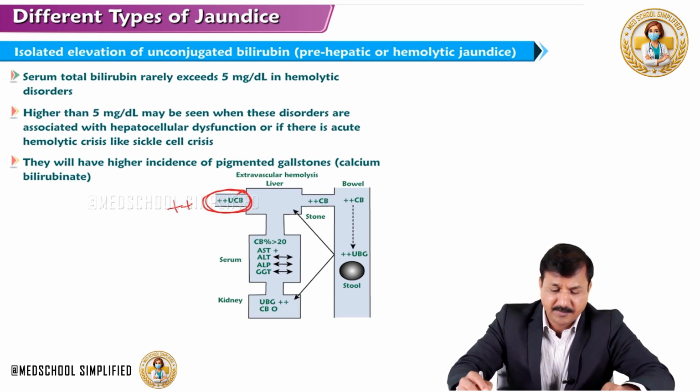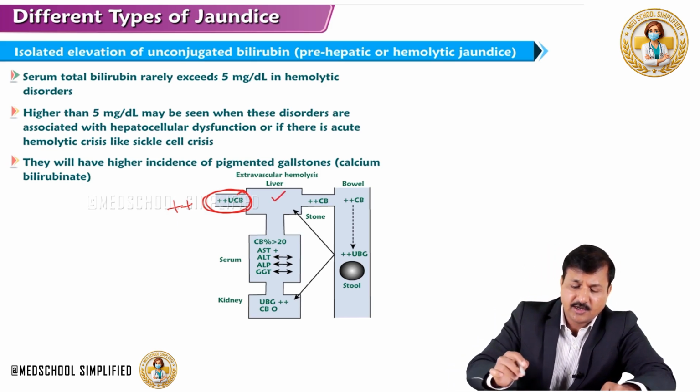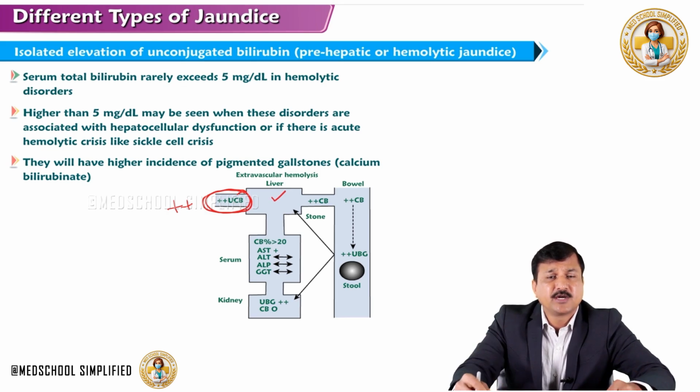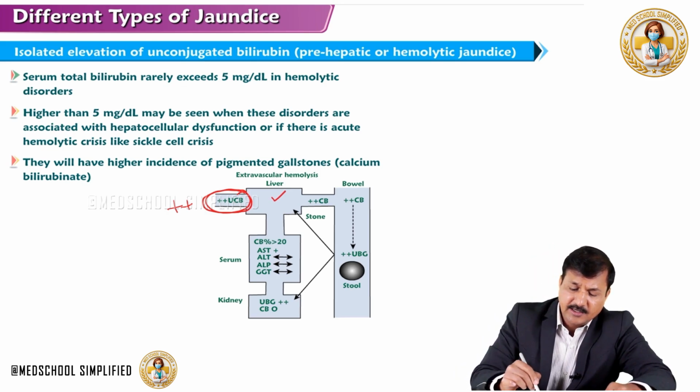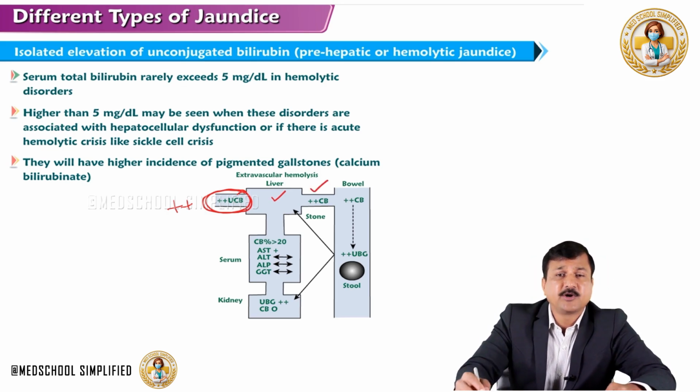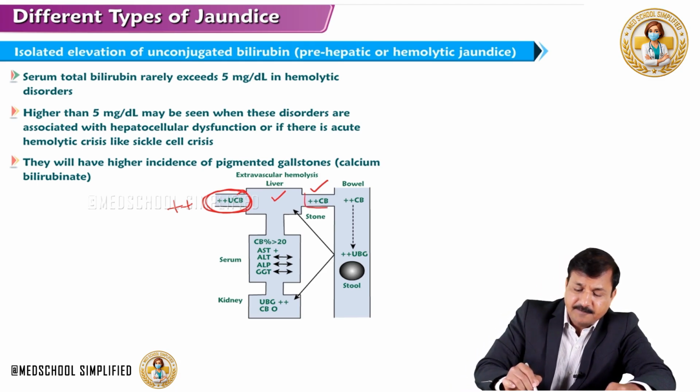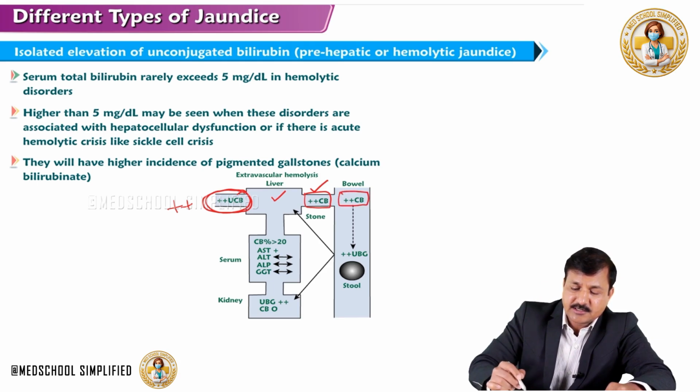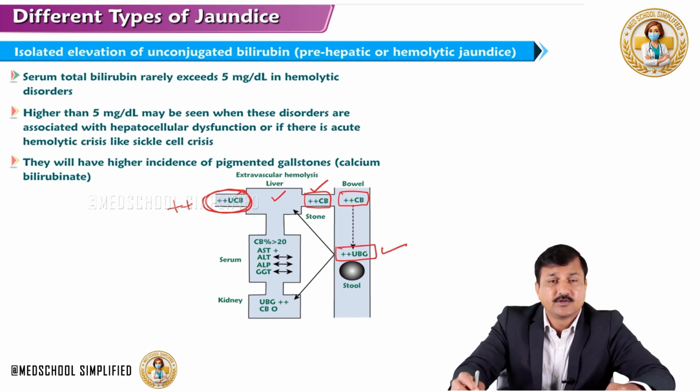Normal is 1+, remember that. Conjugation is going on in the liver, in fact maximum conjugation, and that will correspondingly increase conjugated bilirubin to 2+, which is secreted into the intestine. 2+ CB is going into the intestine, and 2+ UBG, that is urobilinogen, is made in the intestine.